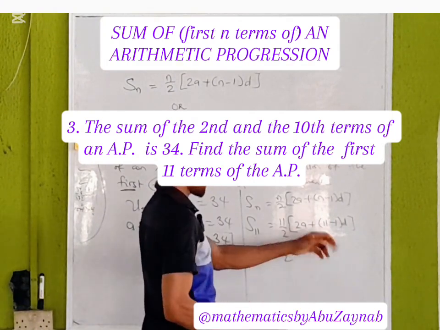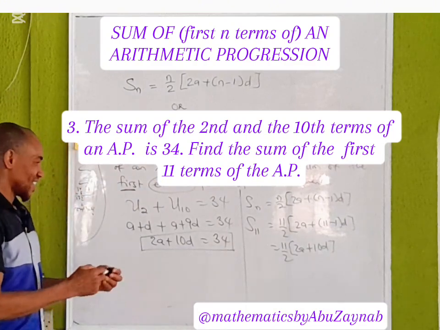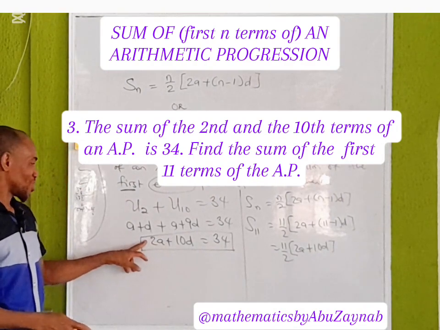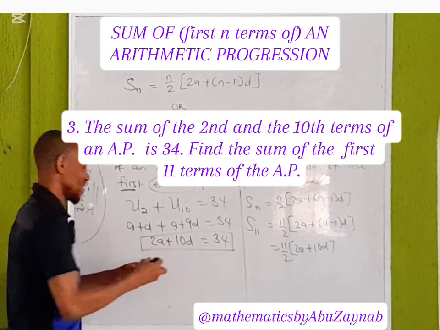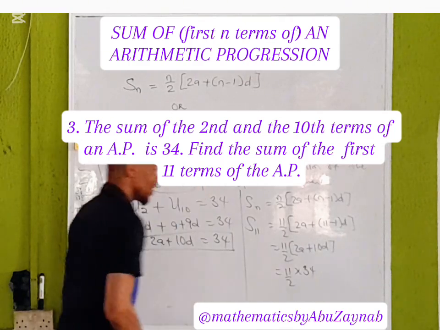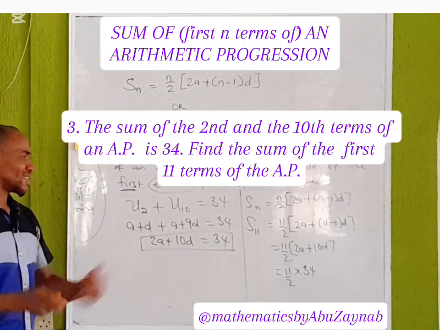Interestingly, the content of this bracket is exactly what we have in the rectangle: 2a plus 10d is 34. So simply put, I just have 11 over 2 times 34 directly. We don't have to look for a and d separately.